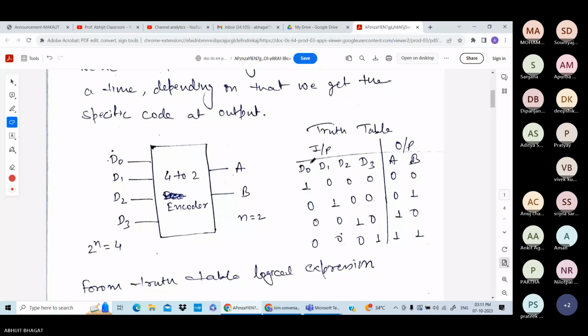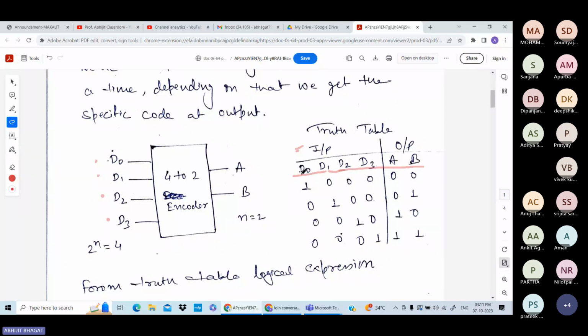Now, what is the truth table for this? You can see here the inputs are D0, D1, D2, D3, and A and B are the outputs.